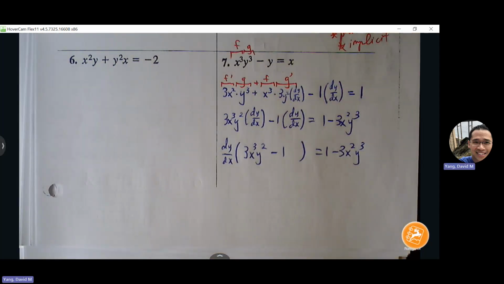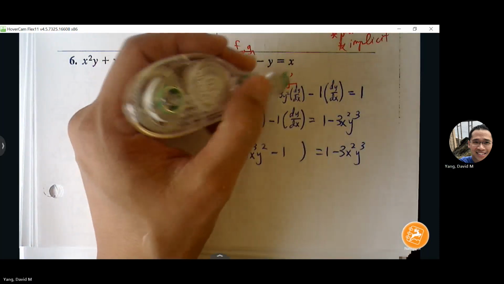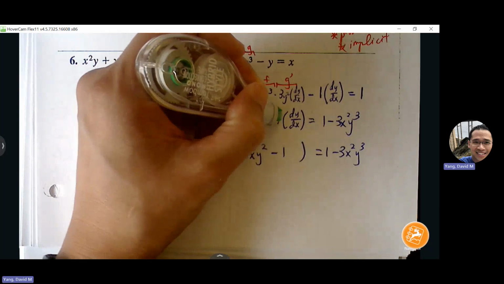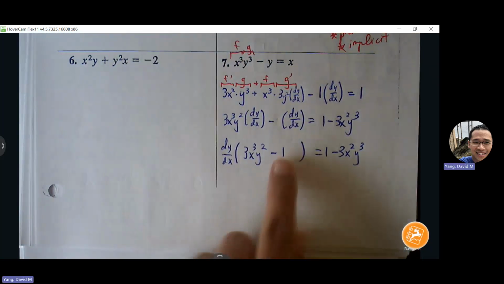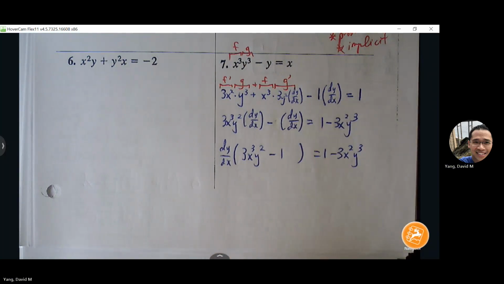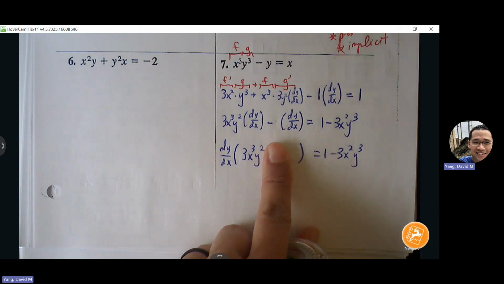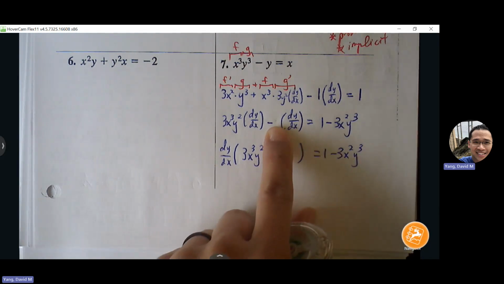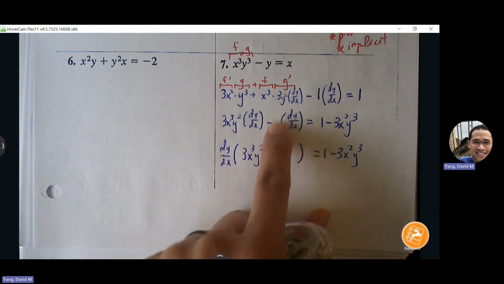Now, that's correct. Everything you said is good. Now I just want to show you, what if I didn't put a 1 here? What do you think students do when there's not a 1 there? Yeah, they put a 0 here and they feel like they're done with the factoring, right? So that 1 is a good placeholder as a reminder that when the dy dx gets factored out, there's still something left there.